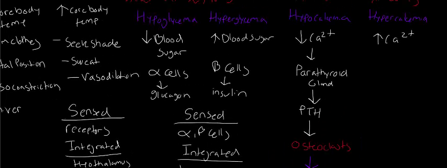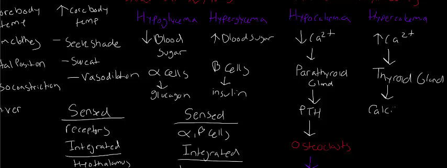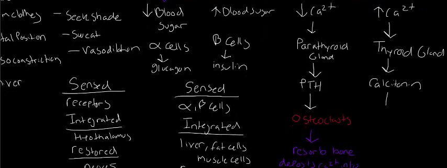And when there is an increase in calcium, in this situation, what becomes stimulated is the thyroid gland. And it secretes its own hormone, known as calcitonin. And calcitonin works on a particular bone cell called osteoblasts.